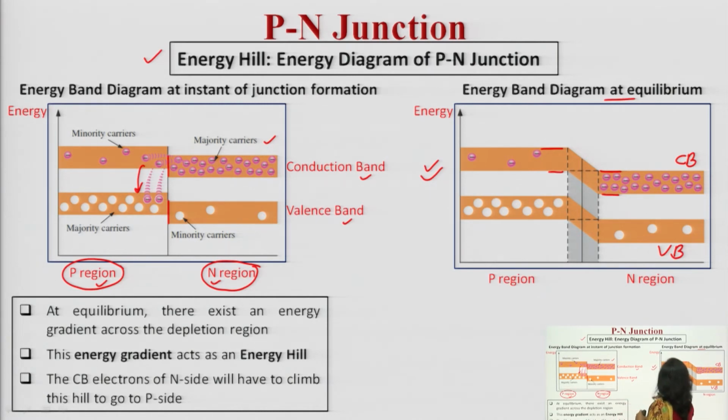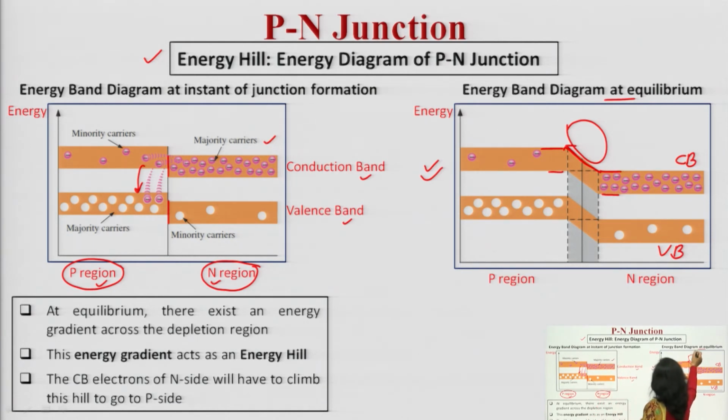Now, what will happen at this equilibrium when electrons have to move from the conduction band of the N region to the P region? They have to climb a hill. This is the concept of the energy hill, because now electrons have to climb this hill, and only then will they be able to reach the conduction band of the P type semiconductor.